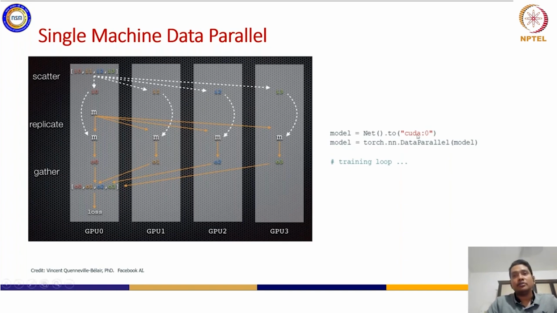The model you are trying to replicate, you first transfer to only a single GPU, and then you apply the data parallel model. When you apply this data parallel function, your model will automatically be replicated from GPU 0 to all the other GPUs. Depending on the number of GPUs available and the batches you are fetching, it will segregate or scatter the data across your GPUs. So this is very simple.